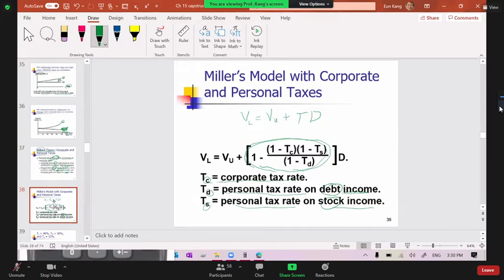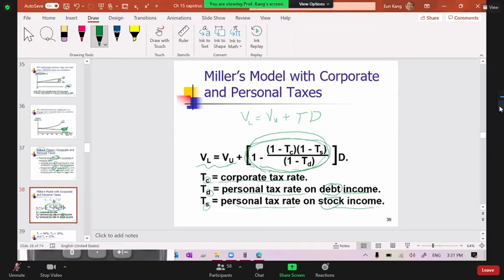But because of criticism, they changed their conclusion: the more debt, the higher the value. So now he's saying that actually this part is 0. Then VU times 0 times D is VU, right? So he just wants to go back to his original proposition, that D doesn't matter.